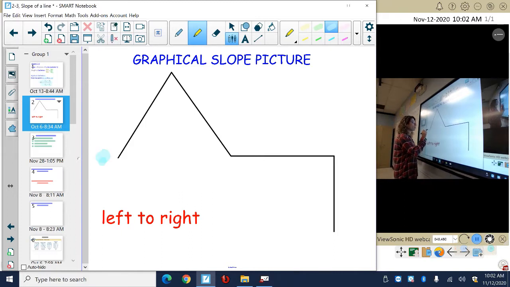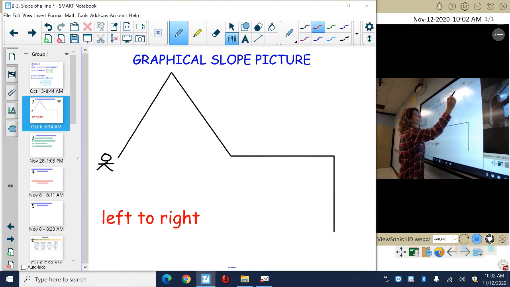This slope picture is so important. I really want your brain to consider putting yourself on this lovely little mountain, okay? Whenever you put yourself on this mountain and you're going up the hill, you have a positive slope. You get to the top of the mountain, and then you're going to go down the hill.